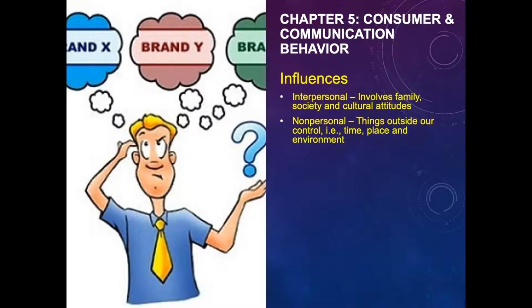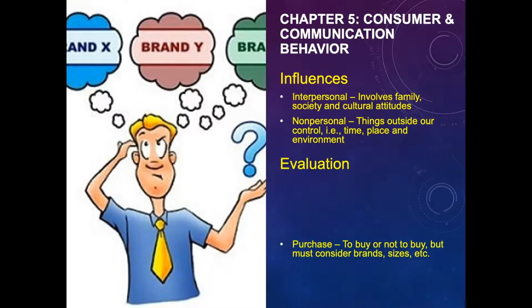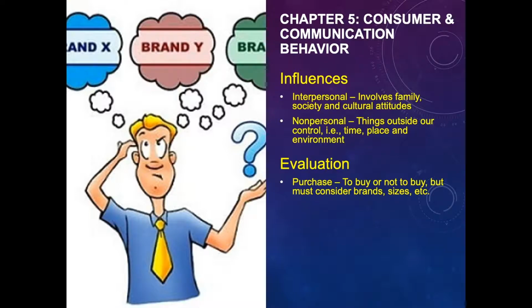All right, then we get into the evaluation. At this point, this is the critical point where you decide whether or not to buy the product or the item. But you still have to evaluate the different brands, sizes, colors, etc. to narrow your decision, because things are not always just given to you in one particular way.